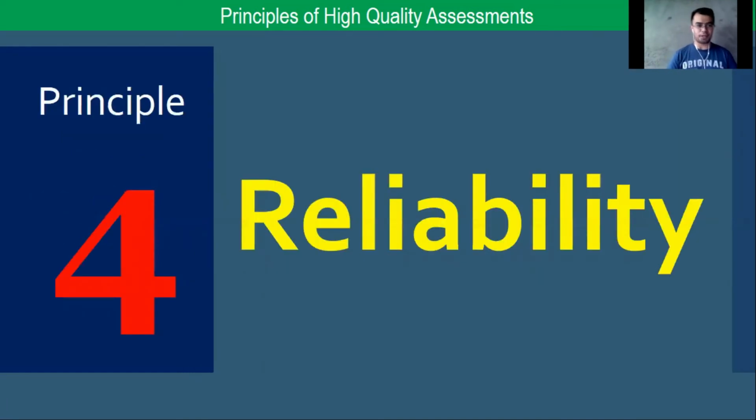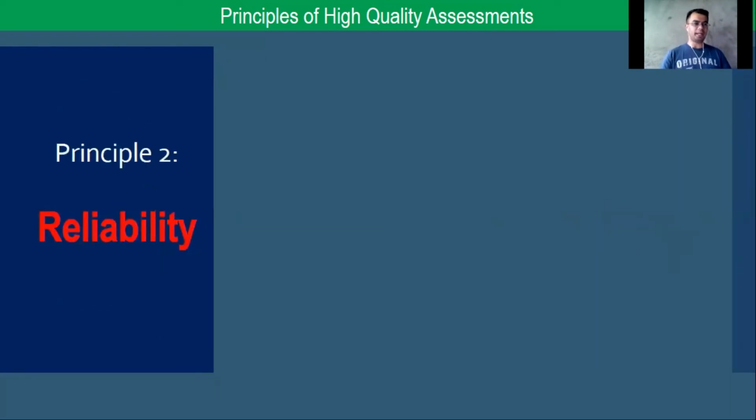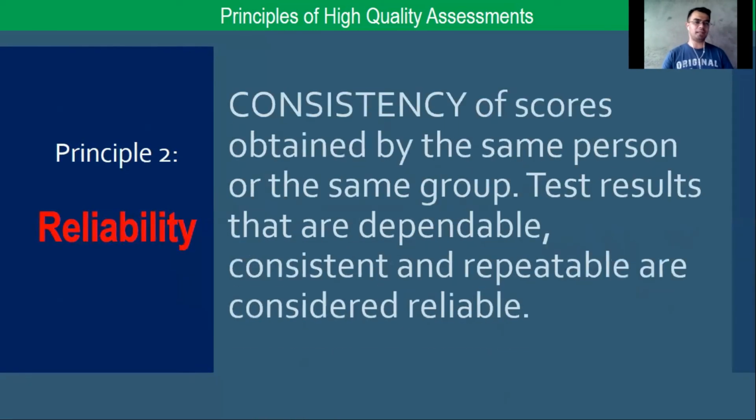Principle number 4, reliability, from the root word reliable, which means it can be trusted. But here in assessment, reliability is defined as consistency of scores obtained by the same person or the same group. Test results that are dependable, consistent, and repeatable are considered reliable.